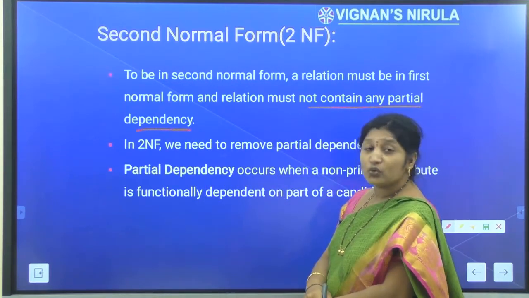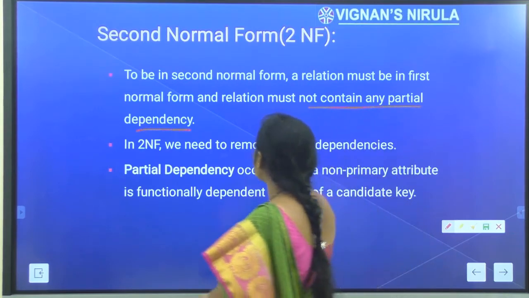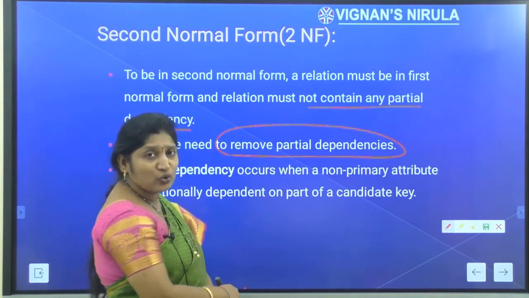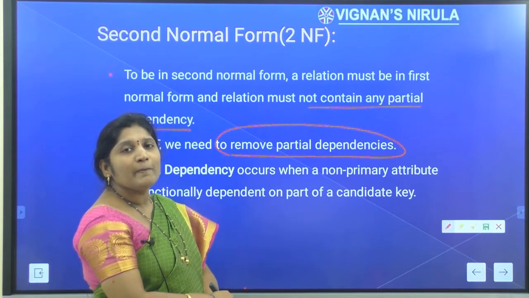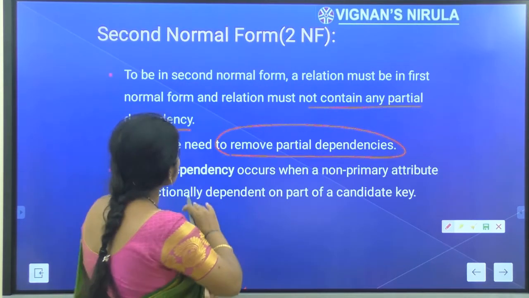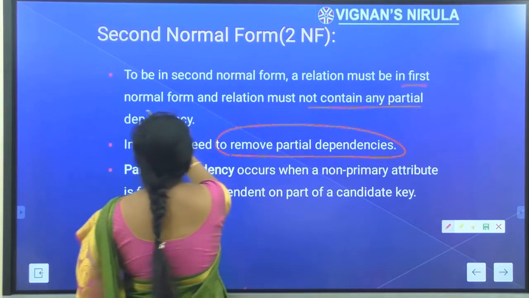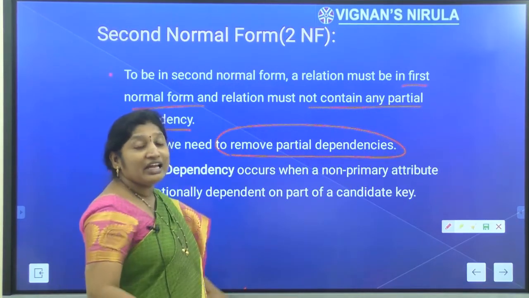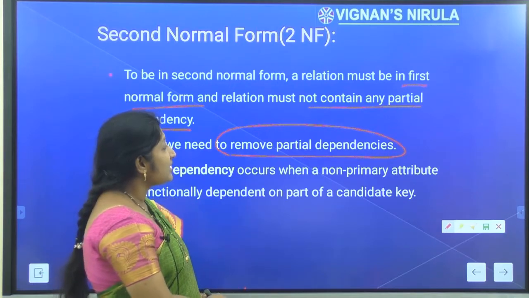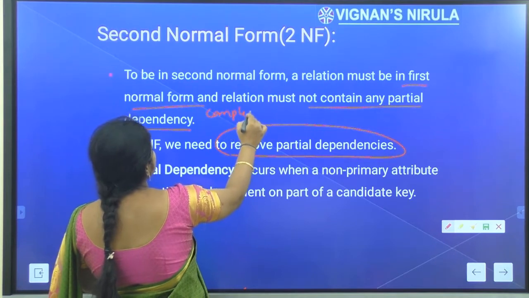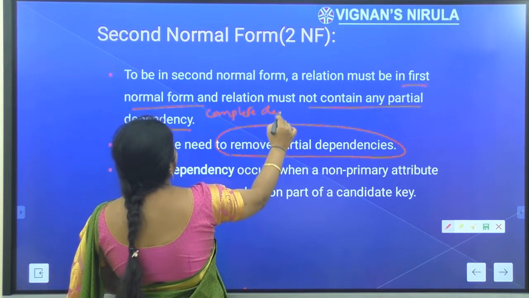The rule for 2NF is to remove the partial dependencies. The main aim of 2NF is to remove partial dependencies. A relation is said to be in second normal form if and only if it is in first normal form, and every dependency is a complete dependency, with no partial dependencies available.